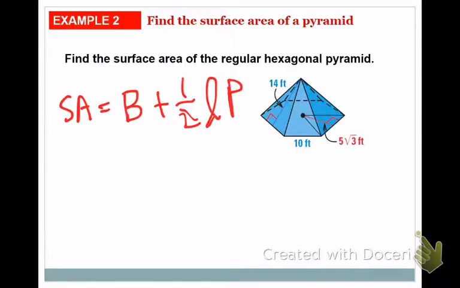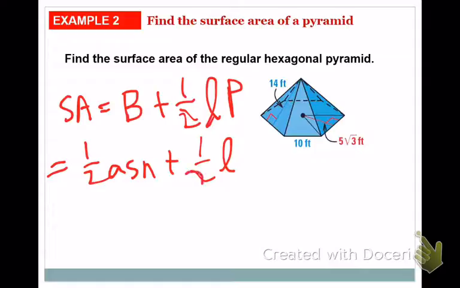So the area of the base, in this case it's a hexagon, so it would be 1/2 A S N, plus 1/2 L, and the perimeter is going to be the number of sides, 6 sides, times the side length, so it's going to be S times N.